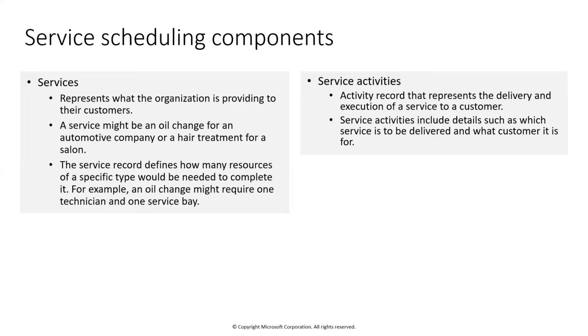So they are opting for the AZ-500 training service from us, and once they buy it, we need to go for creating the service activity. So we are going to create a service activity for that customer, called Contoso, who is opting for the AZ-500 services from us.